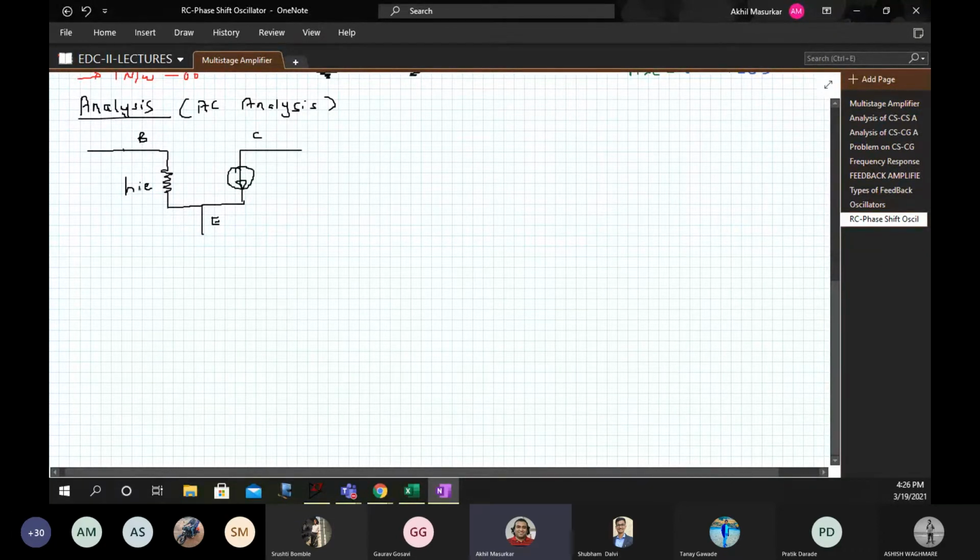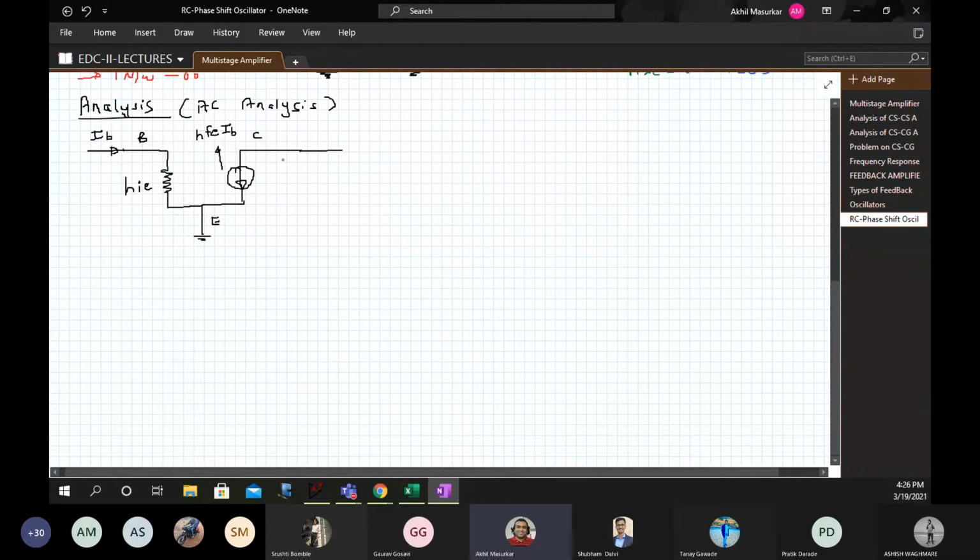When we write HIE, what does it mean? E stands for common emitter, and that is the input impedance. Here we have HFE times IB, so we have to show here IB, which is basically the base current. Now this is connected to ground.